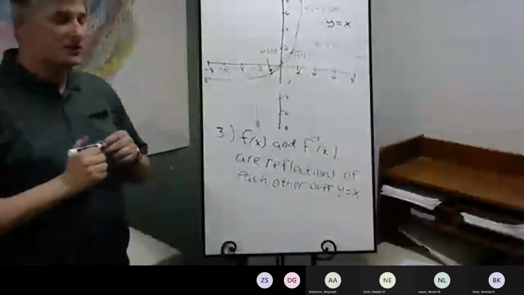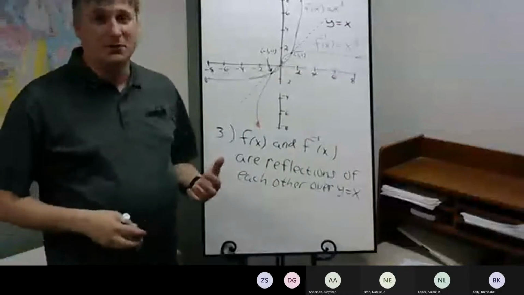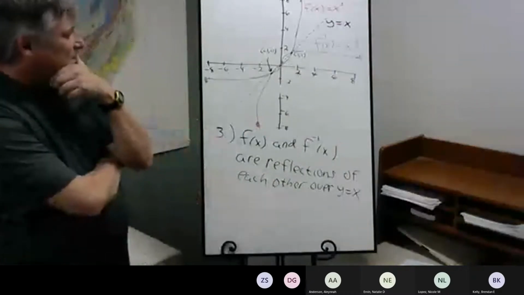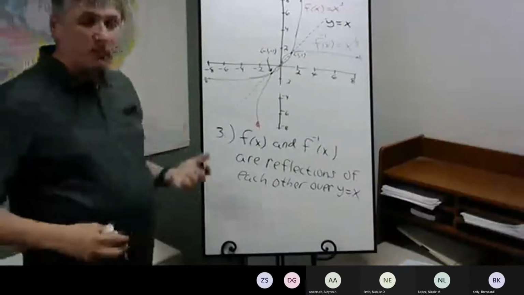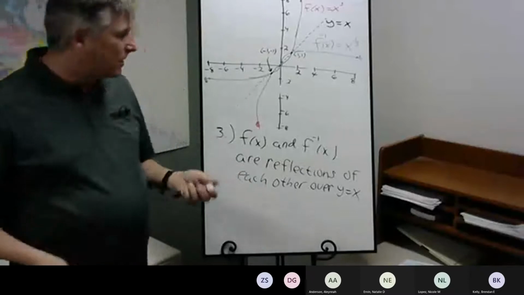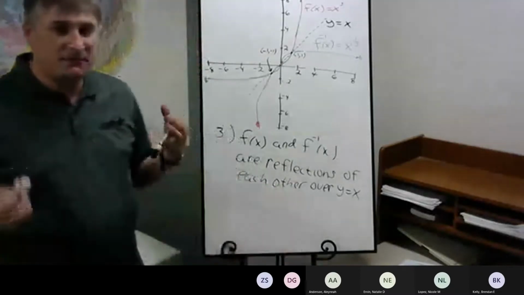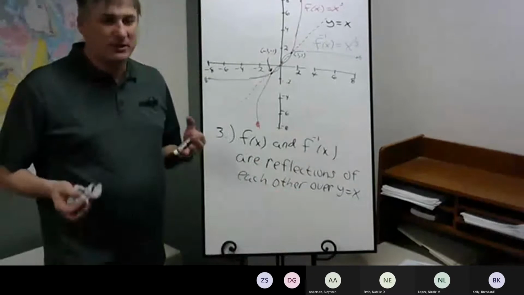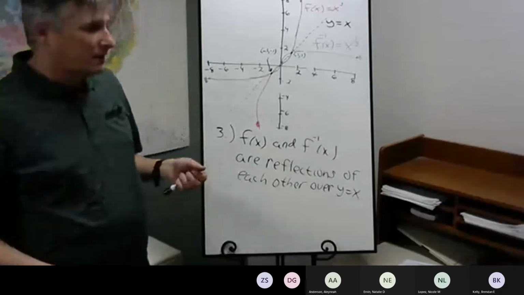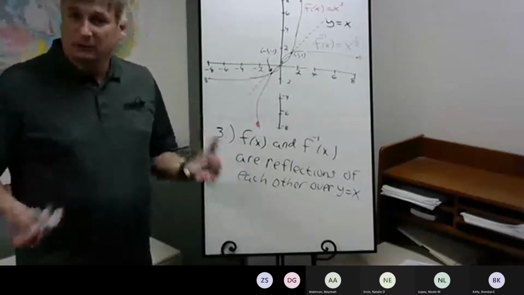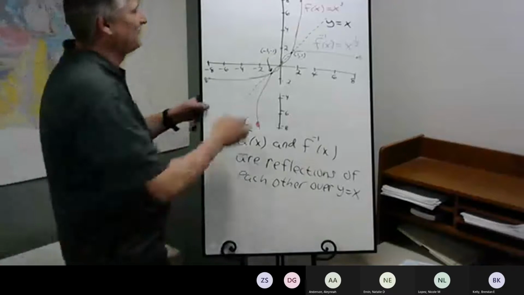They're going to be reflections of each other across the line y equals x. Now there's one more property I want to mention with these, and it's called the horizontal line test. And this tells us if the inverse is going to actually be a function. f of x can be a function. We need to revisit what a function is.